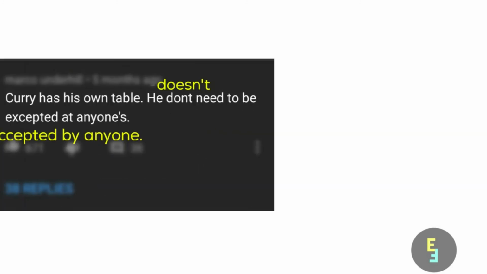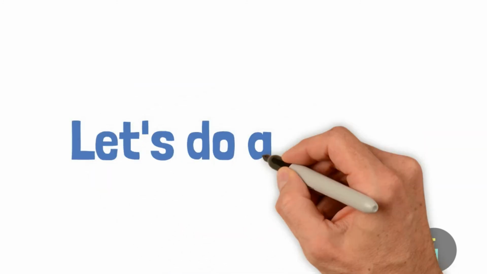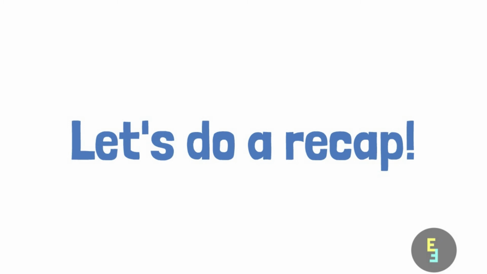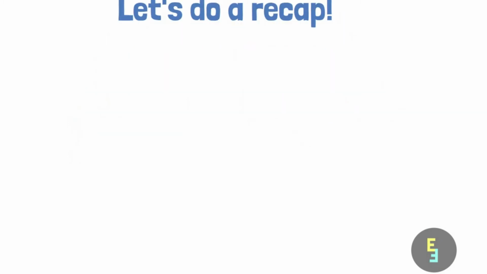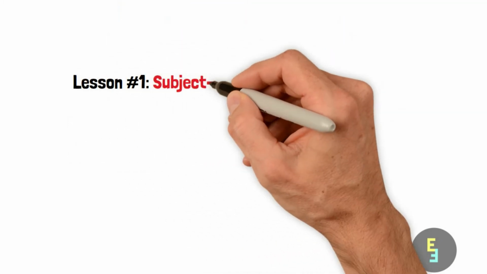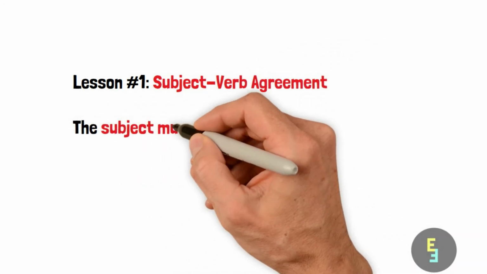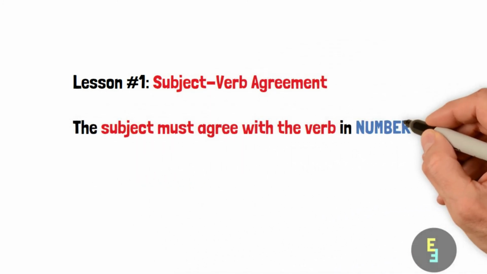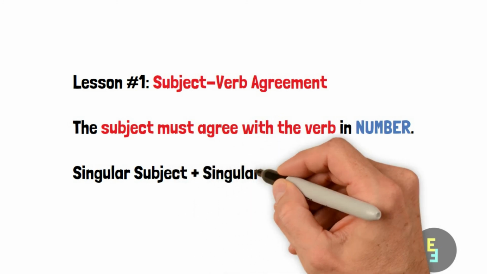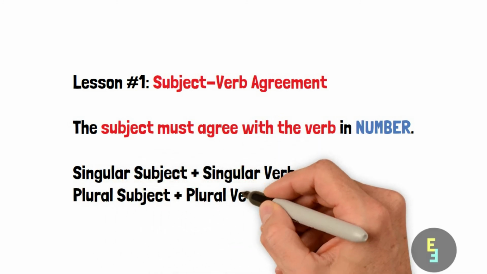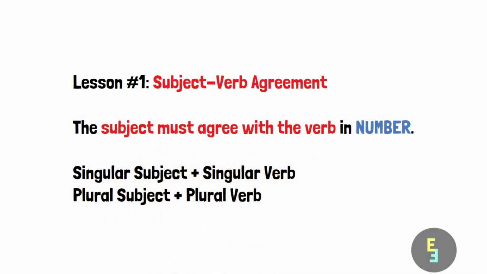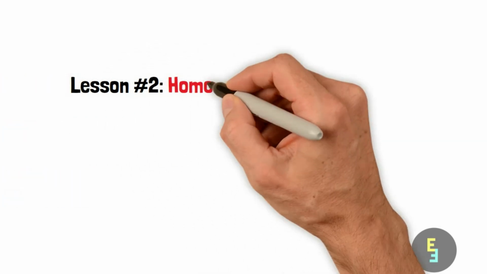Before we end this video, let's do a recap of all the grammar lessons that we learned in correcting the YouTube comment. First, the subject-verb agreement. This rule tells us that the subject must agree with the verb in number. Meaning, if the subject is singular, the verb must be singular. If the subject is plural, the verb must be plural. Second is knowing what a homophone is.